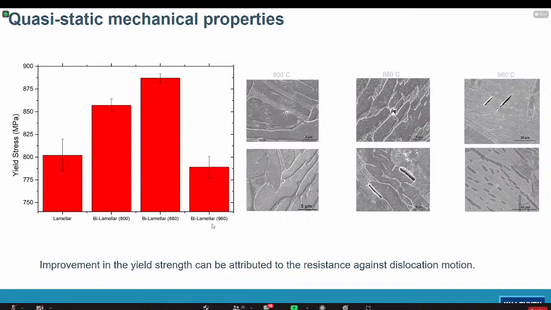Whereas for the microstructure that was heat treated at 960, the dislocations can easily cut through the transformed beta phase also, and hence we see voids forming in a straight line along the slip lines. Hence, we see that for certain temperatures, we have an increase of yield strength as compared to the lamellar microstructure.